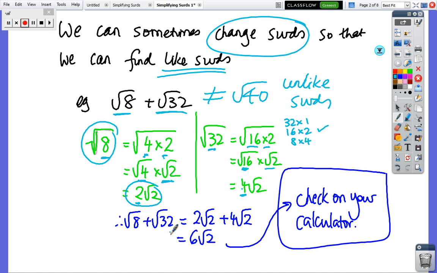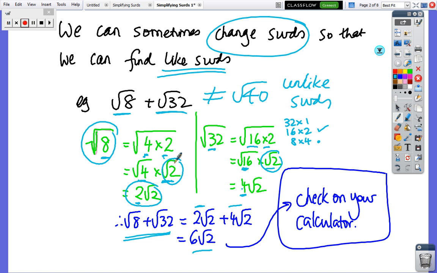And then we've got the question, square root of 8 plus square root of 32 is 2 root 2 plus 4 root 2 equals 6 root 2. If I had used the 8 and the 4, I wouldn't get a like surd. I'm trying to get a like surd, so I have to pick factors that work.